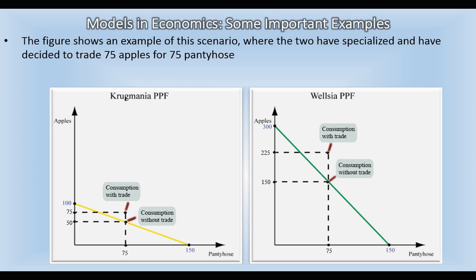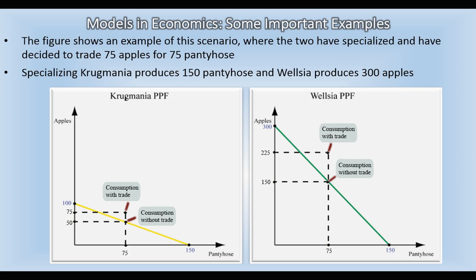So the figure shows an example of this scenario where the two have specialized and have decided to trade 75 apples for 75 pantyhose. So again, we said that Krugmania is going to focus on pantyhose. So specializing, Krugmania produces 150 pantyhose, and Wellesley produces 300 apples, so that's where they're starting from.